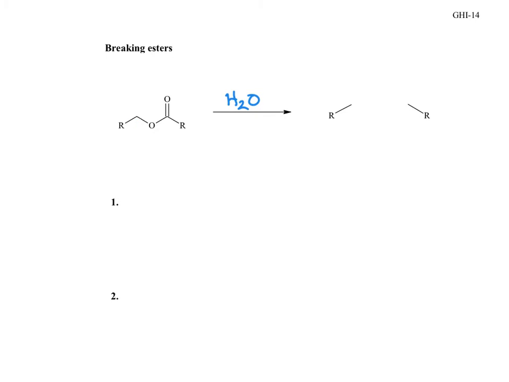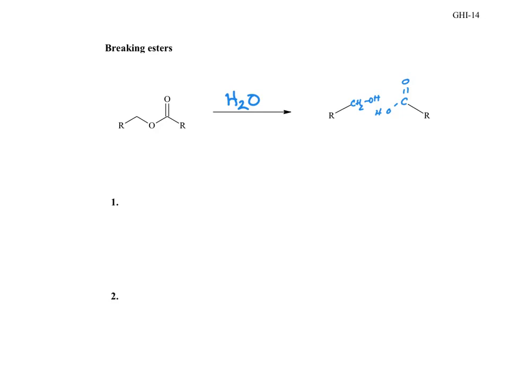Let's finish it by pointing out that we would end up with an alcohol on the left and the carboxylic acid on the right. Very good. So this is the process of breaking esters. When we take a water and break it apart, we end up with what we had to begin with, which was an alcohol and a carboxylic acid.